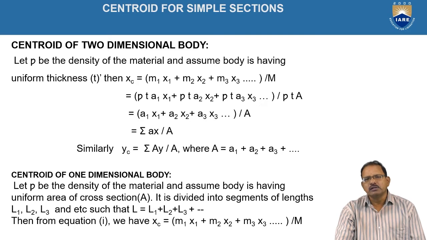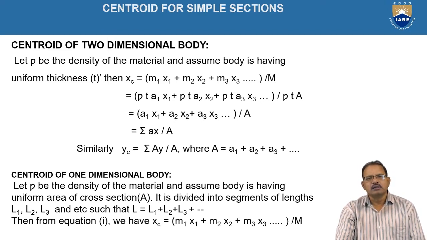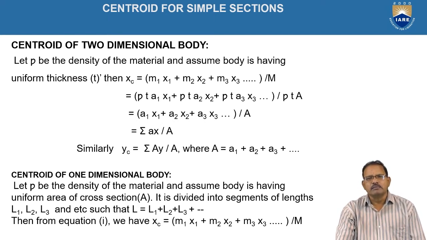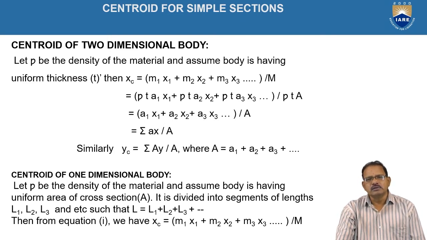The modified equation for determination of the center of gravity, already discussed, is xc equal to m1 x1 plus m2 x2 plus m3 x3 divided by the total mass of the body, capital M, where m1 stands for rho and a, which are constant, times L1, hence it is modified as rho into a into L1 into x1.